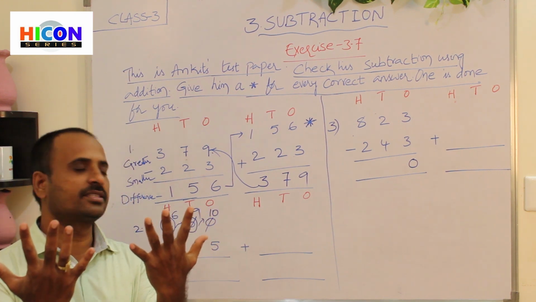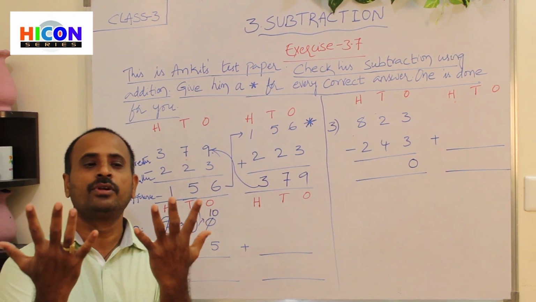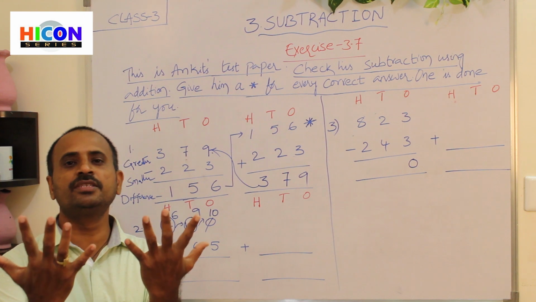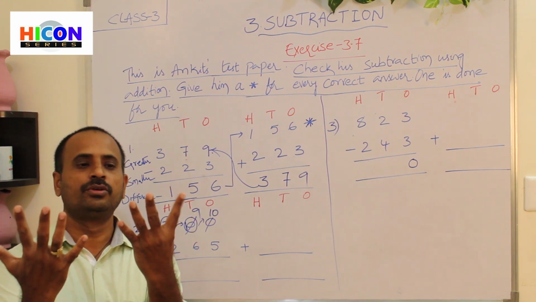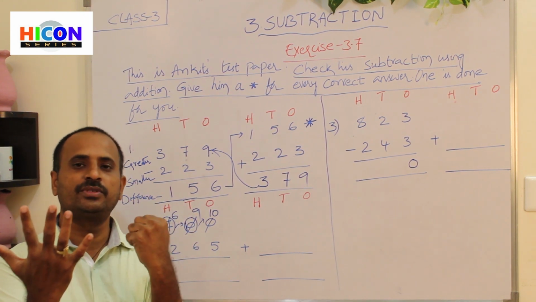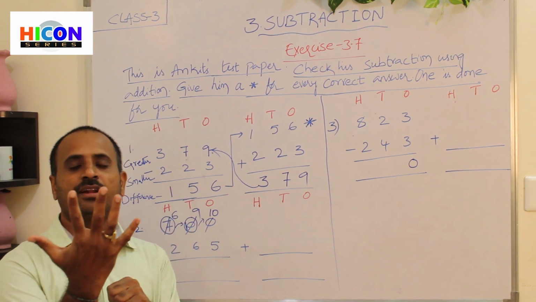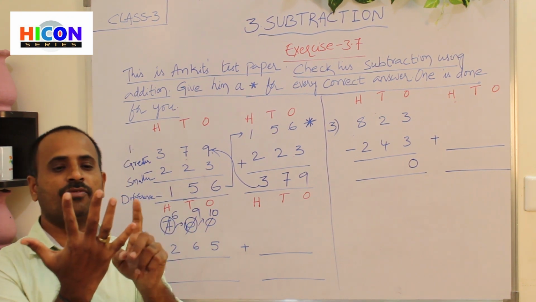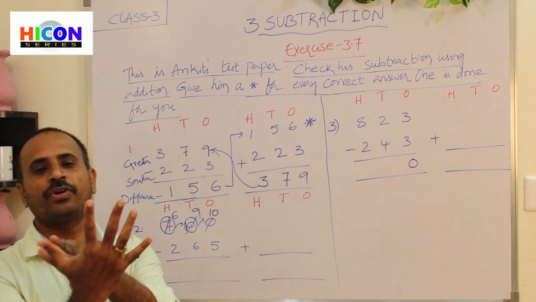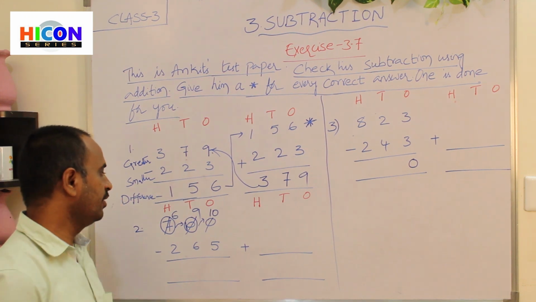Children, these are the 10 fingers. And what is the second number? 5. Close 5 fingers among these 10 fingers. 1, 2, 3, 4, 5. Children, I have closed 5 fingers. How many fingers are remaining? 1, 2, 3, 4, 5. So there are 5 fingers remaining.